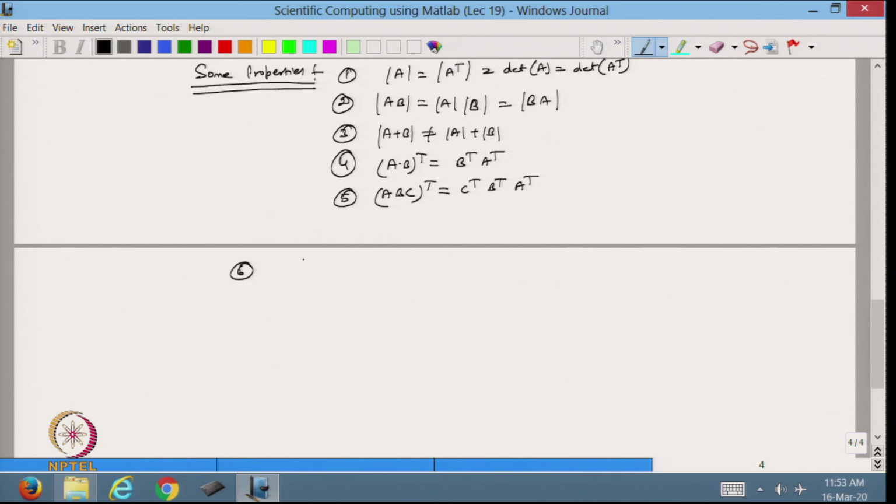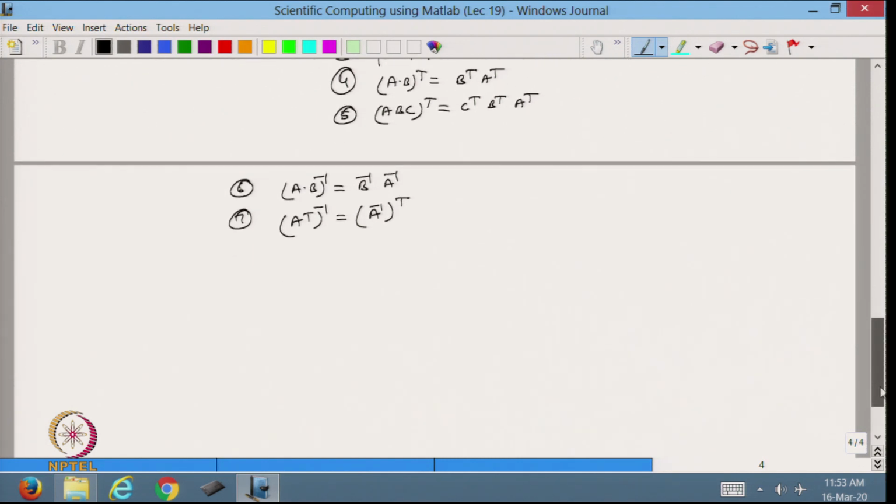Then the sixth one I can write as, if I have multiplied two matrices and I take the inverse, this is equal to B inverse A inverse. Seventh, A transpose inverse is equal to A inverse and then taking the transpose. So, this is a few properties we want to define for matrices.